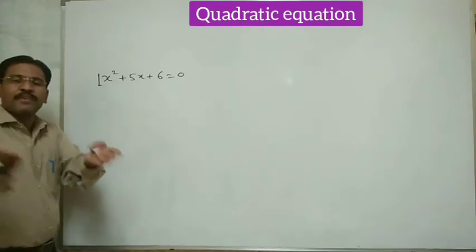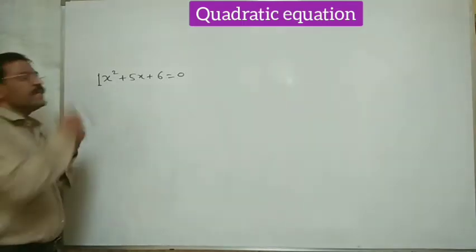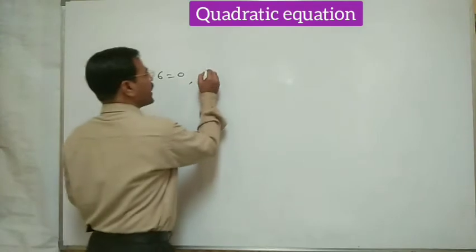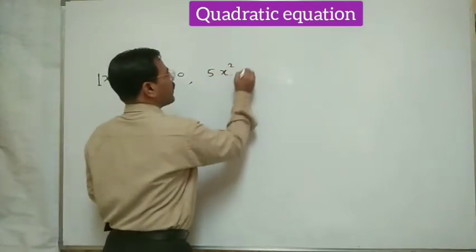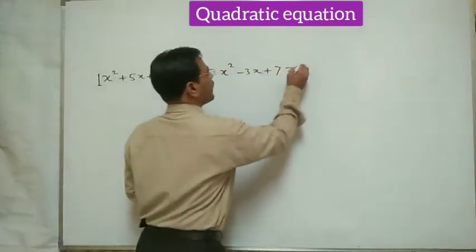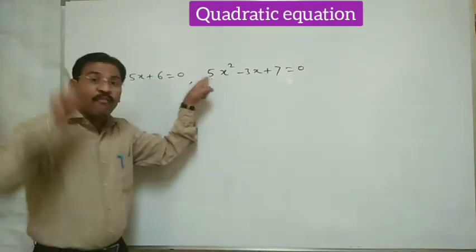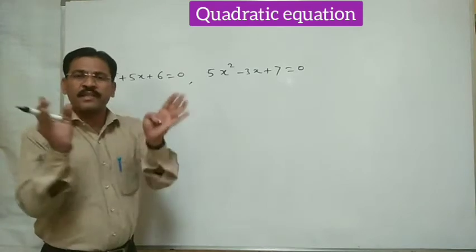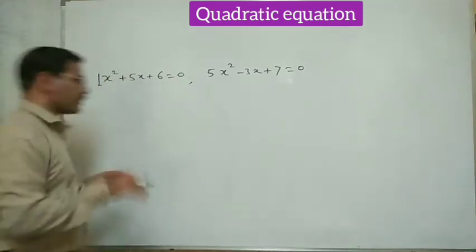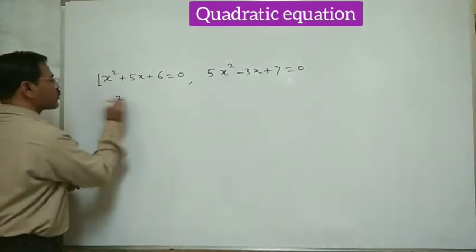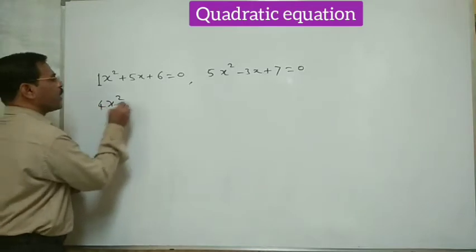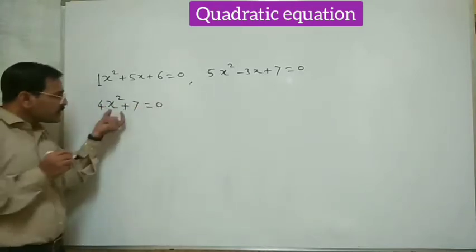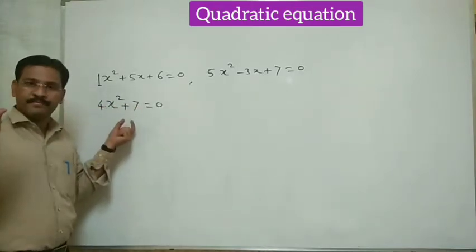Sometimes some equations are like 5x square minus 3x plus 7, where 5 is the coefficient. At that time, we are going to make some different steps. Sometimes, it is 4x square plus 7 is equal to 0. See here, no middle term.